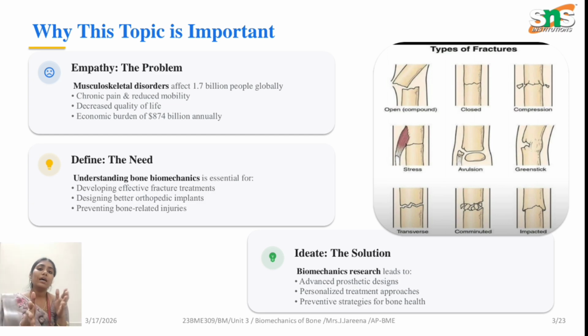What is the threshold for the bone to break, and to what extent it will adapt and to what extent it will break.